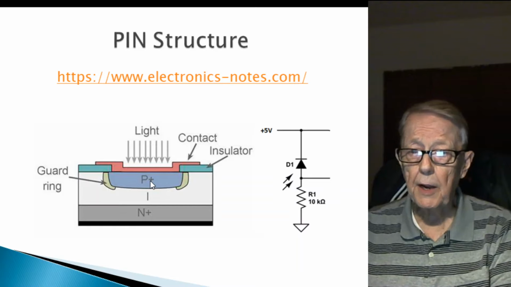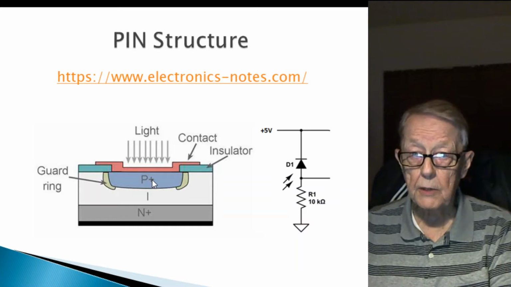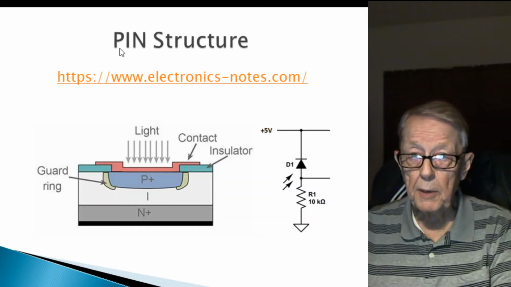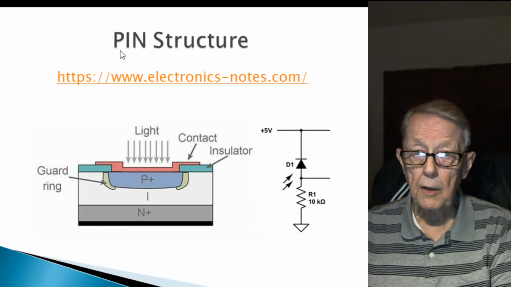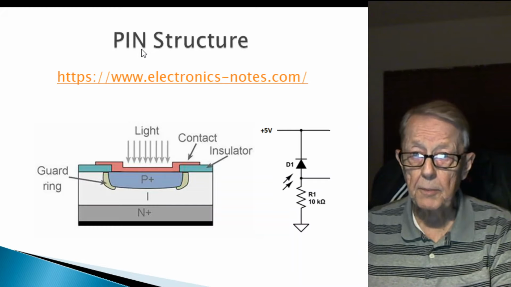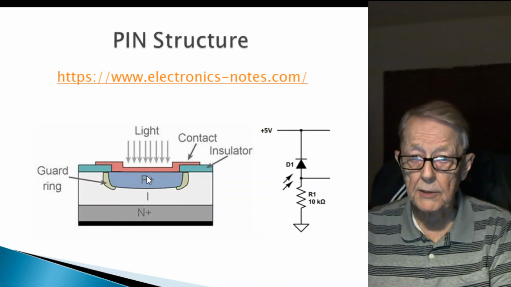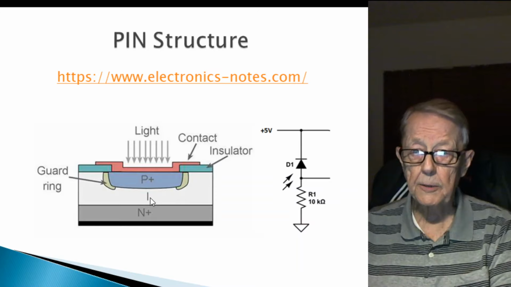Now, this is what I found is really one of the more interesting structures. This is the PIN structure, the positive type, N type, and in the middle, intrinsic. So here you have the positive P type, the N type, and the intrinsic layer.